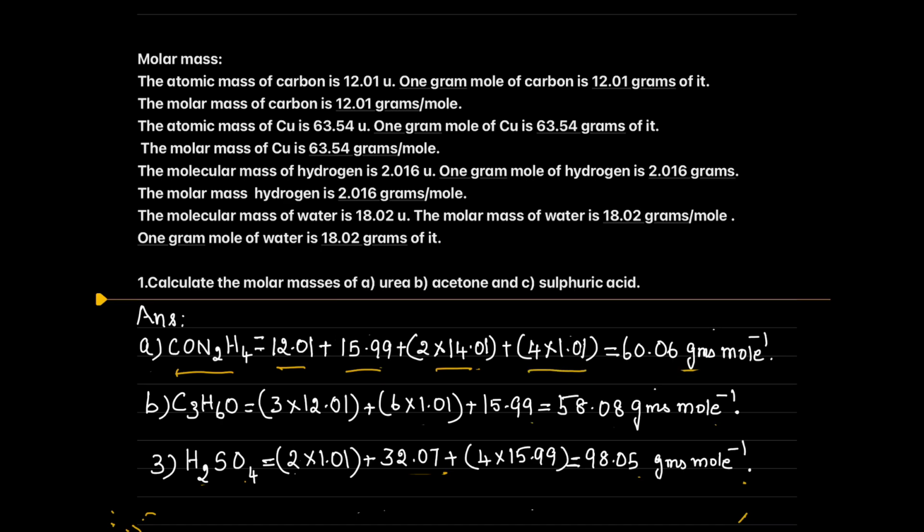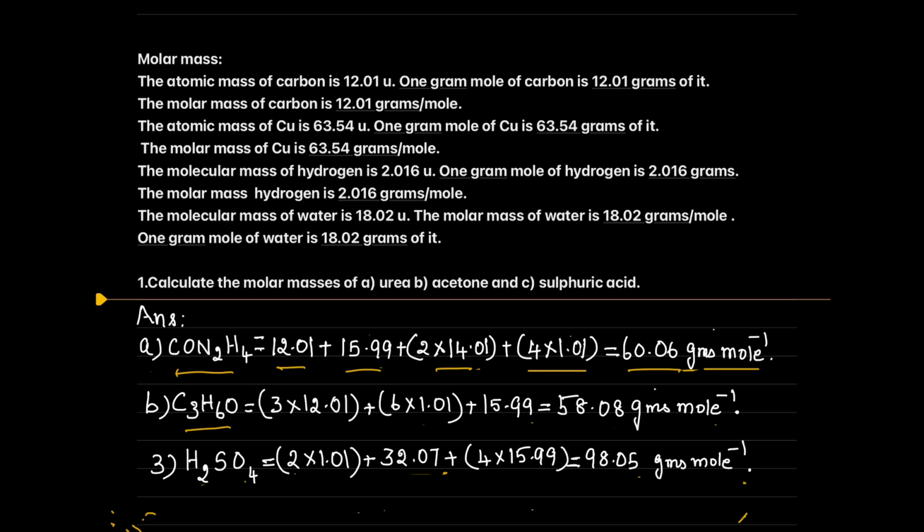When we substitute, it is 12.01 for 1 carbon, 15.99 for 1 oxygen, 2 into 14.01 for 2 nitrogens, and 4 into 1.01 for 4 hydrogens. The molar mass of urea is 60.06 grams per mole.